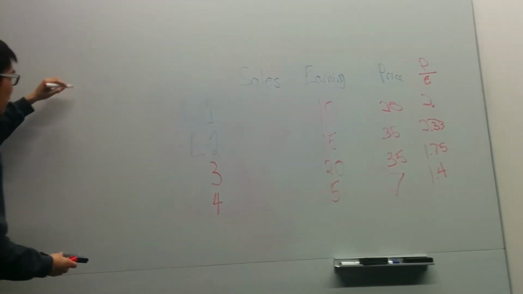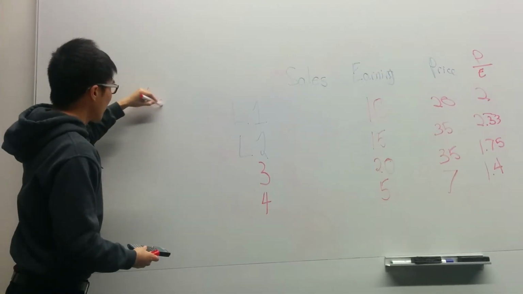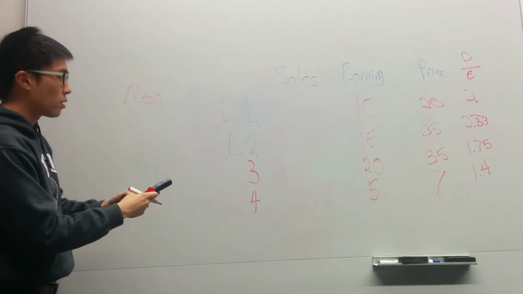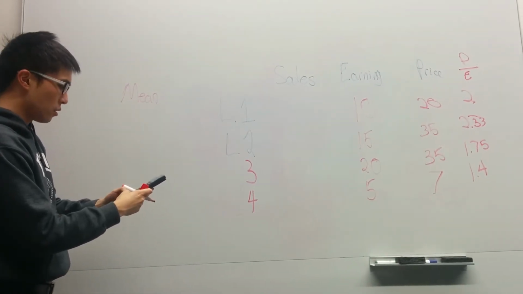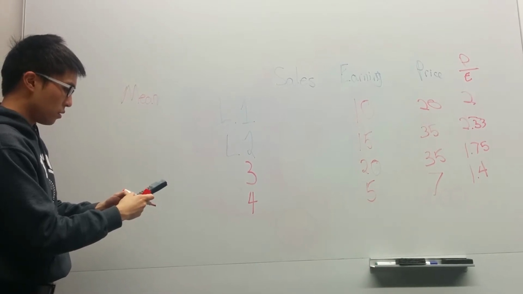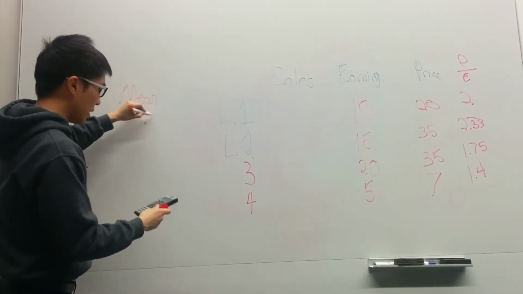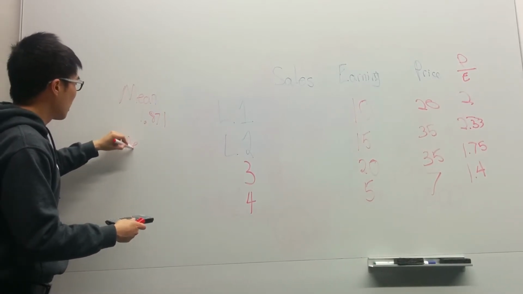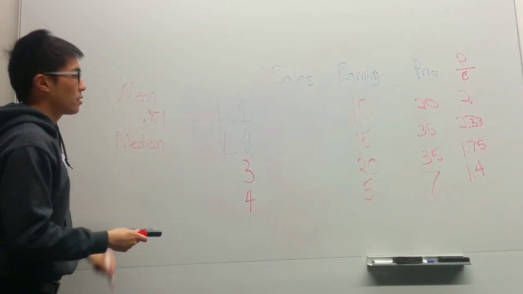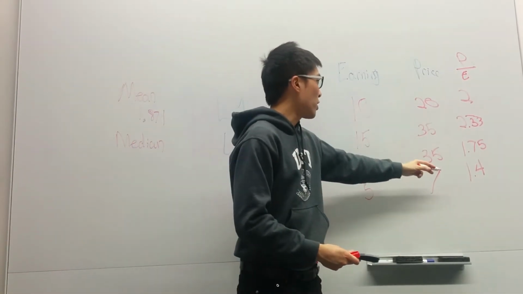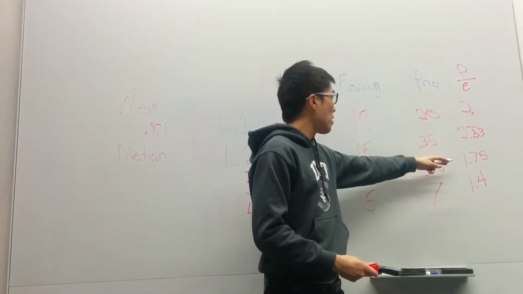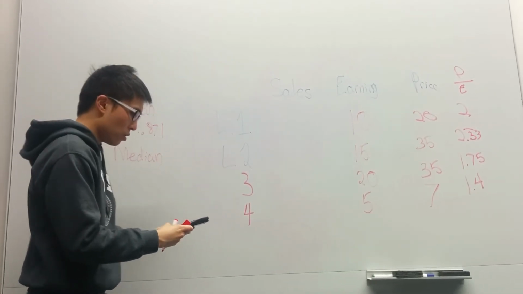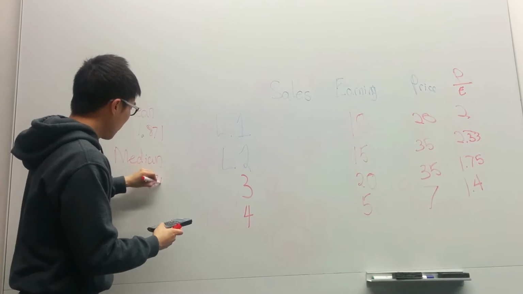Now, when we look at this, let's think about what the average is. The mean, which is what people know as the simple average, is just 1.871. The median would just be looking at the average of the 2 middle figures, so it would be 1.75 and 2, so 3.75 divided by 2, 1.875.